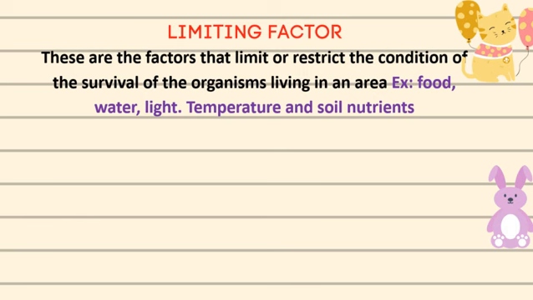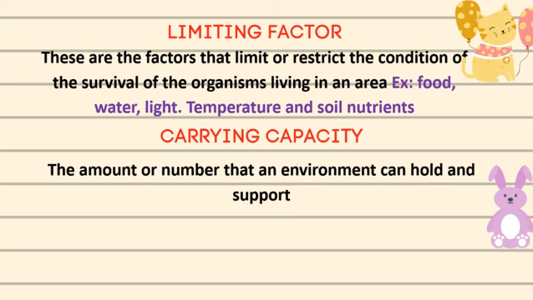Conversely, there is a certain quantity of organisms of a species that an environment can support, and that is what we call carrying capacity. It is the amount or number that an environment can hold and support, and this is controlled by limiting factors such as space, food, water, shelter, and climatic condition. If the population is near the carrying capacity, resources become limited to living things.